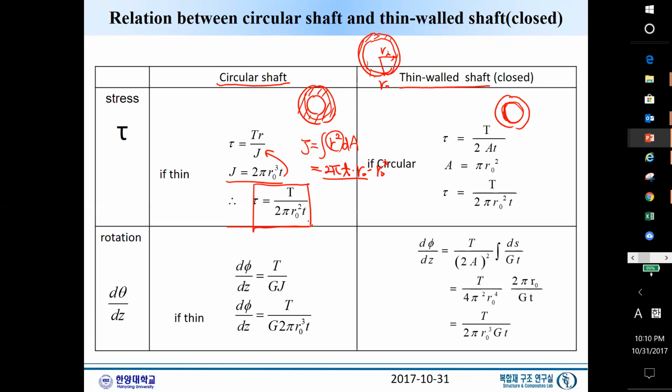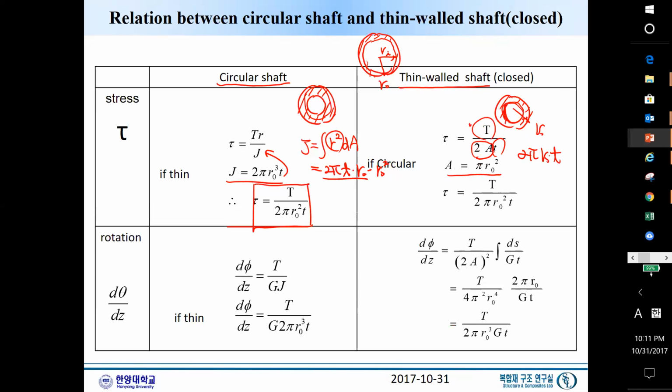Now, from what we derived for the thin wall shaft, the shear stress was simply torque divided by twice A times t. Here A is the area enclosed by the average radius R0.